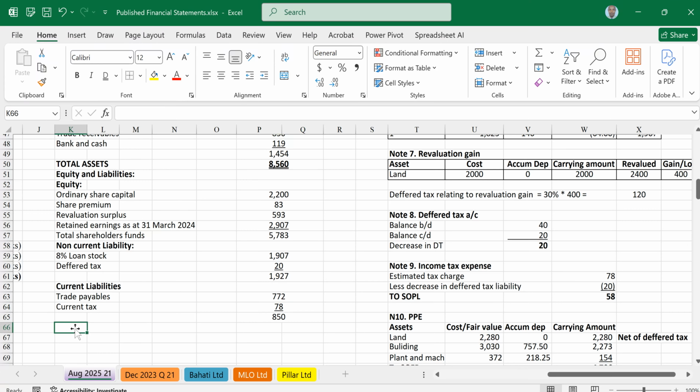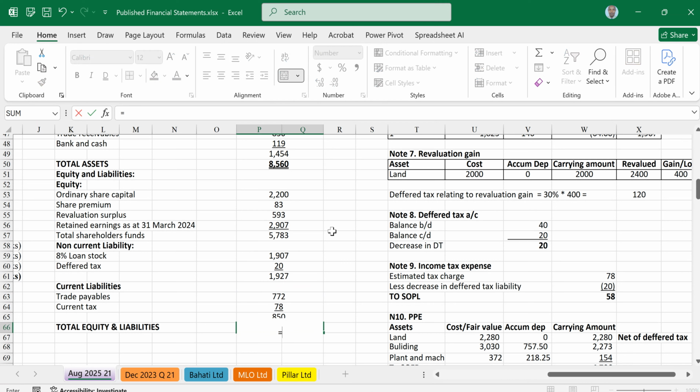Then total equity and liabilities. So total equity and liabilities will be 5783 plus 1927 plus 850.